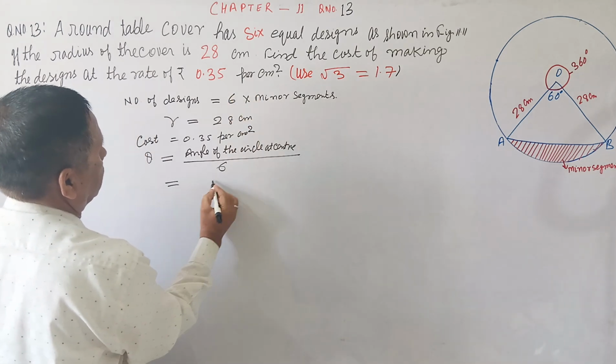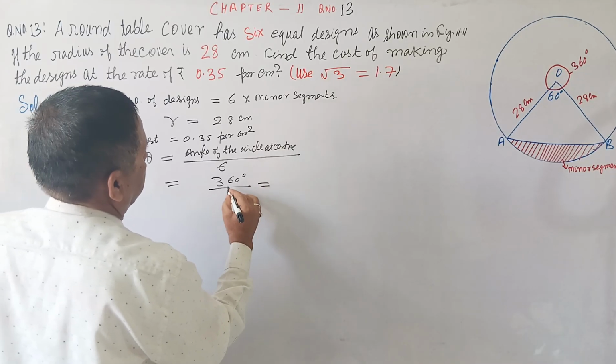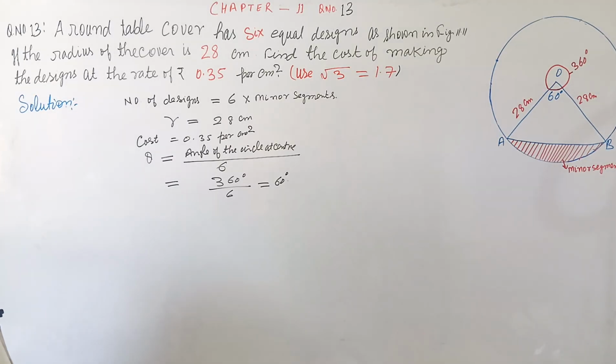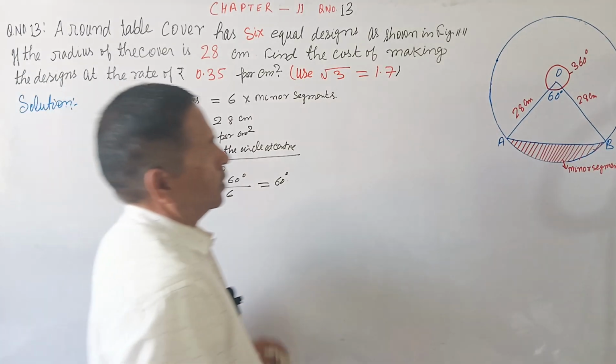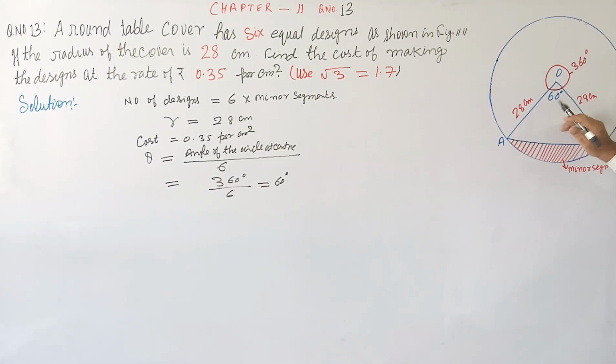So this becomes 360 upon 6, which is 60 degrees. Now in this we see this side is 28 centimeter and this side is also 28 centimeter, and this angle is 60 degrees. We know that the angles opposite to equal sides are also equal. That means this angle will also be 60 degrees and this will also be 60 degrees. So this becomes an equilateral triangle.